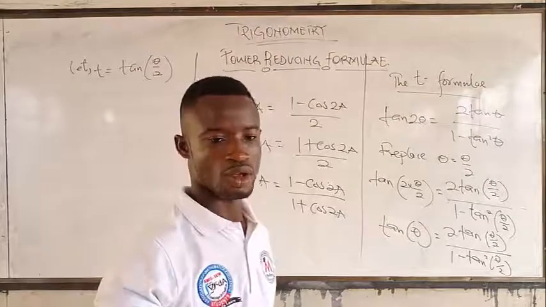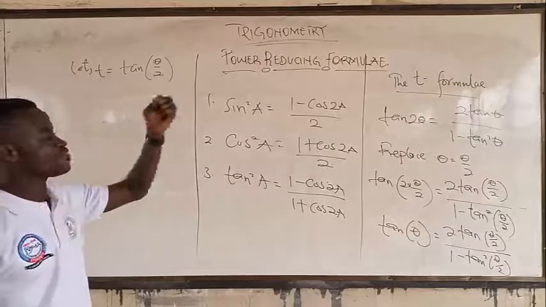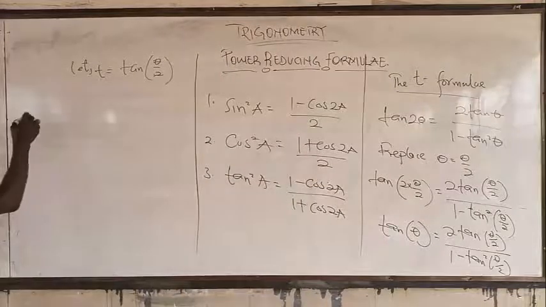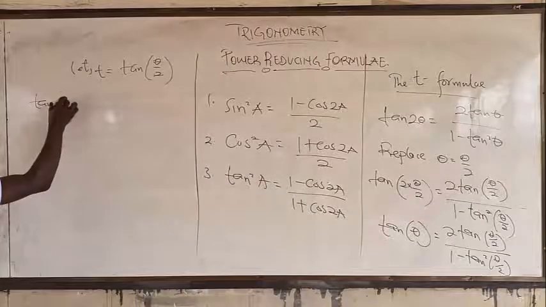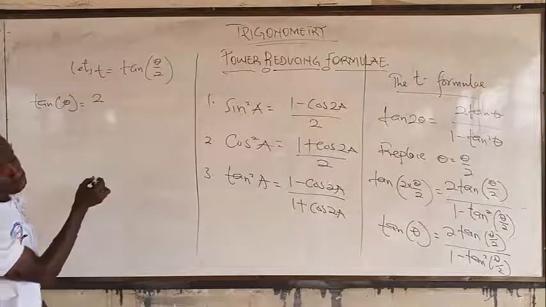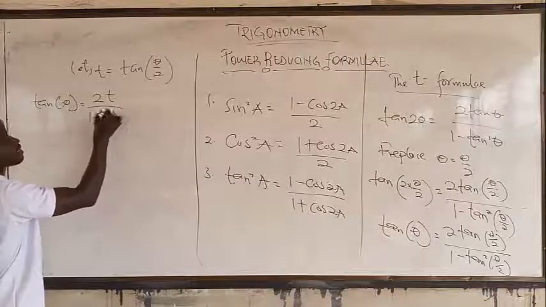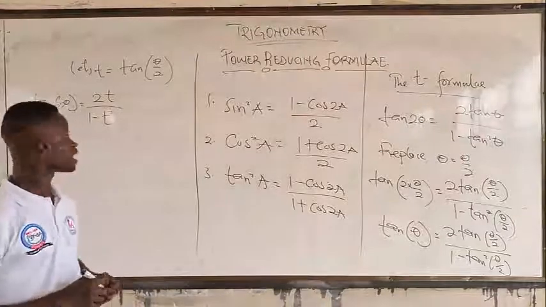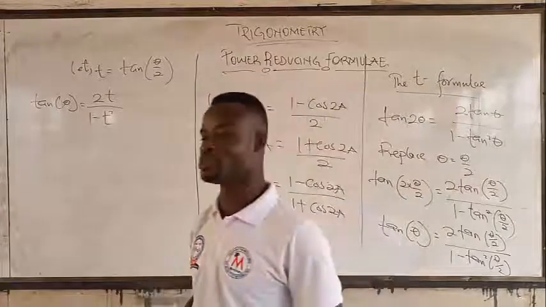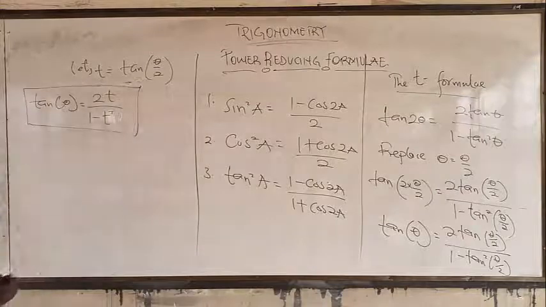When we let t equal tan theta over 2, wherever you see tan theta over 2, put t there. So we end up getting tan theta equal to 2t over 1 minus t squared. That is going to be for tan theta.